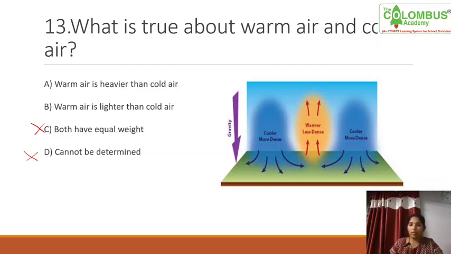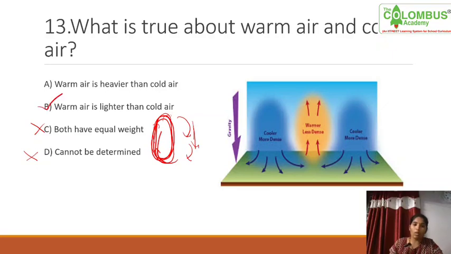Already we saw in the water that the heated water molecules move up and the cooler water molecules move down. That means the heated molecules will be lighter in weight. That's why, what is the answer?